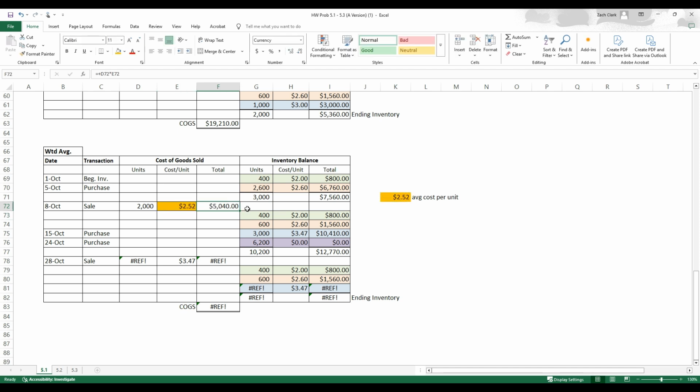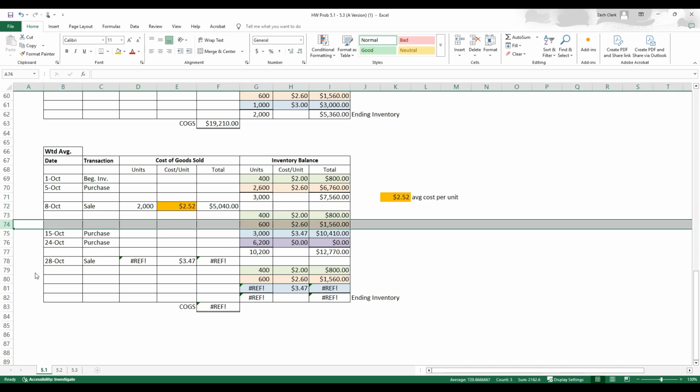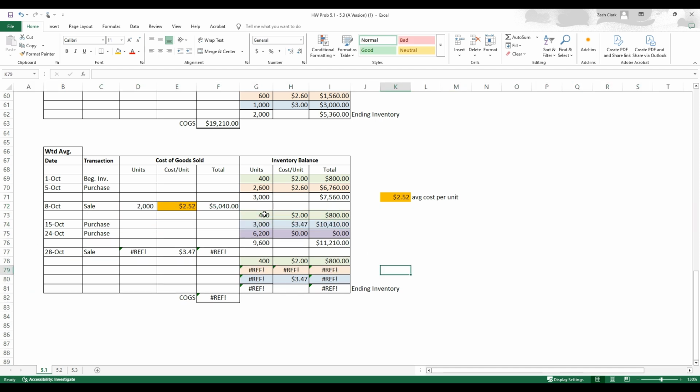So that sale has 5,040, and we won't need two layers here because we're accounting for everything leftovers. So we had 3,000 minus 2,000, we end up with 1,000 left over at $2.52 per average unit.